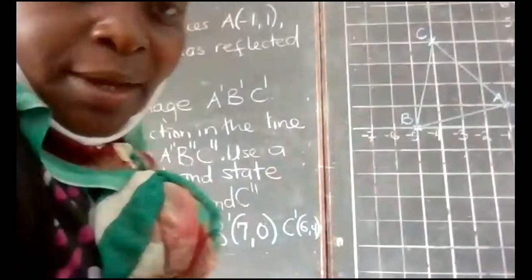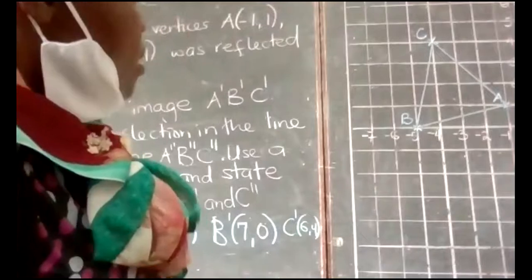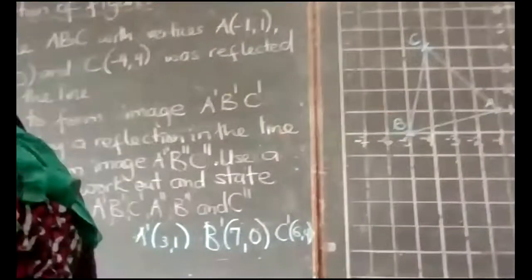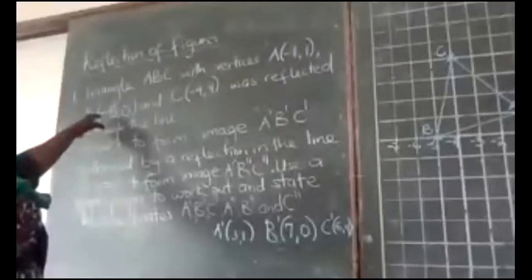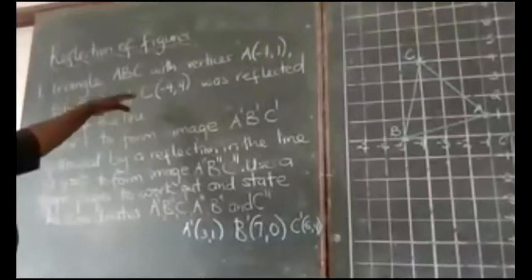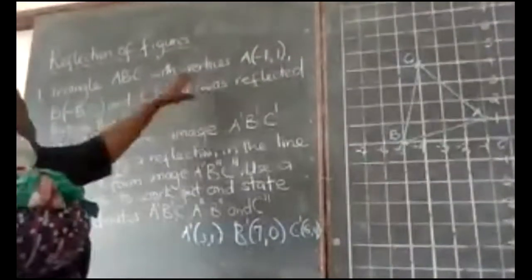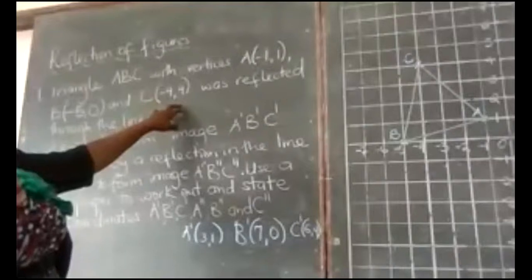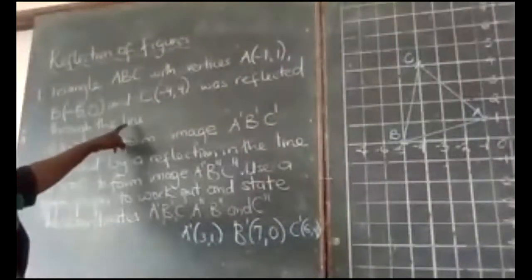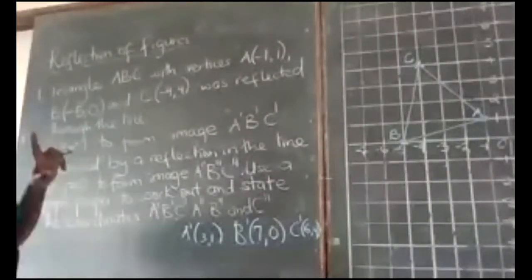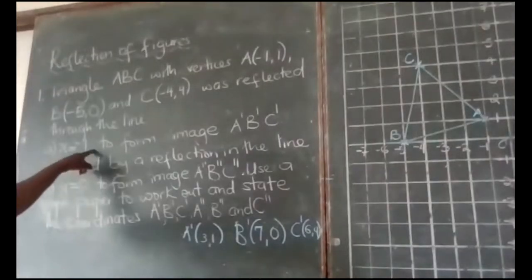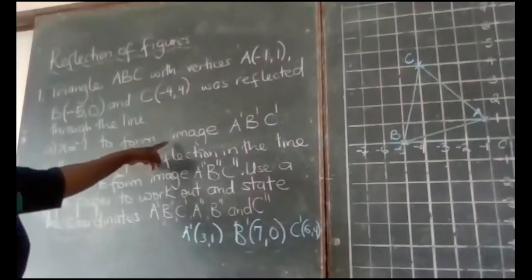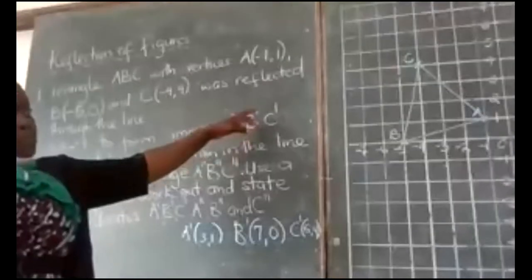Good morning, girls. We are through with the first part. So they are telling us that triangle ABC with vertices A, B, and C was reflected through the line x is equal to 1 to form the image A prime, B prime, C prime.